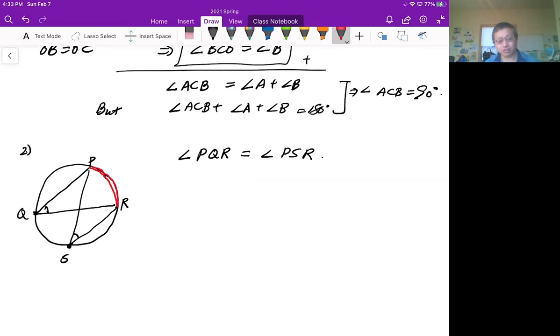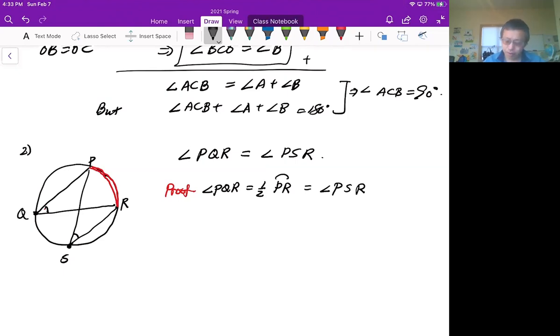Angle Q is the inscribed angle of PR, and angle S is also an inscribed angle of PR, and then we are done. The proof is just that PQR is 1/2 of the measure of the arc, and by the same theorem, this is also PSR. Therefore we are done.